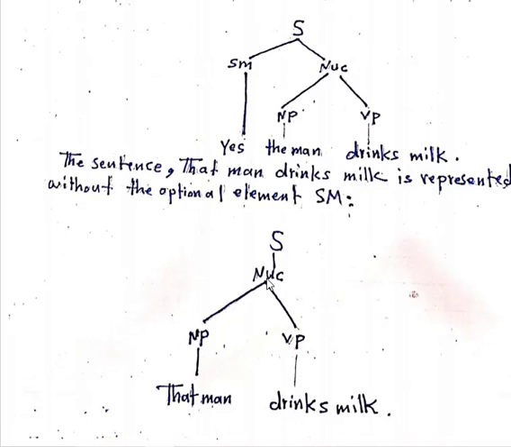In a nucleus we have just noun phrase and verb phrase. That man, noun phrase; drinks milk, verb phrase. So we need to focus on those two trees: this tree with sentence modifier, and this tree without sentence modifier.